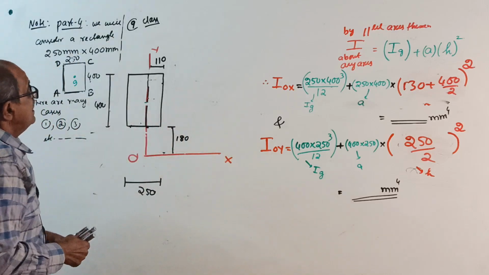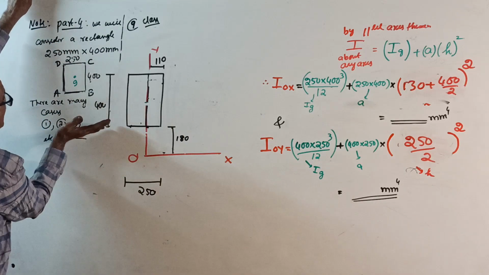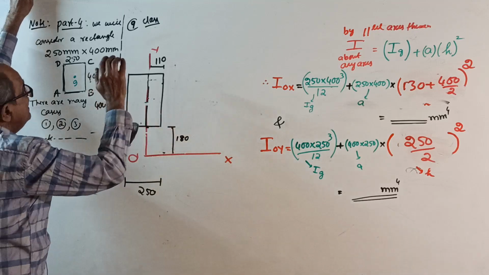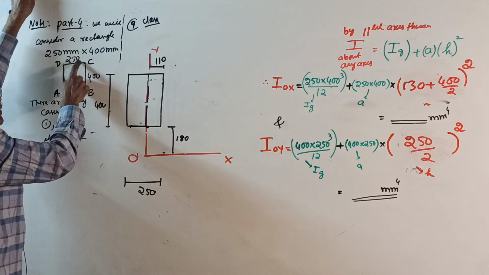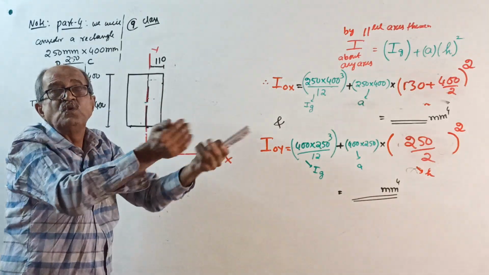The rectangle is placed above OX by 180, and widthwise, of the width of 250, 110 mm is to the right of OY.